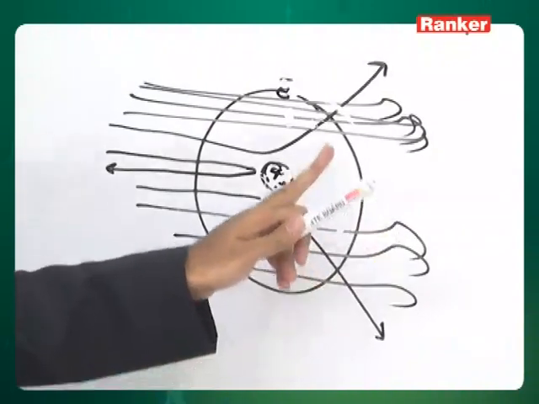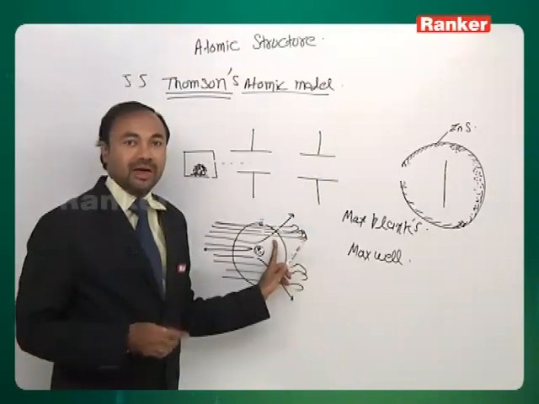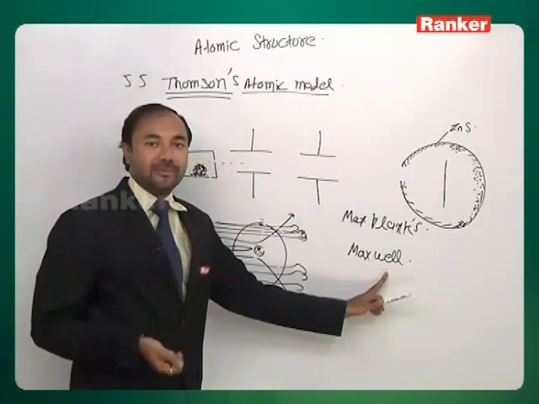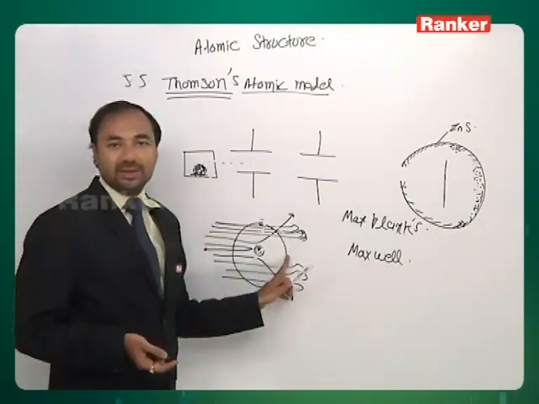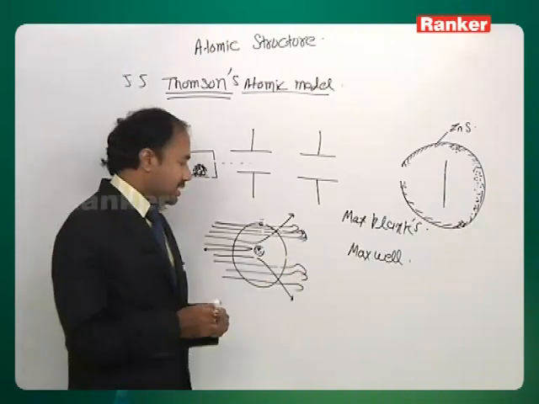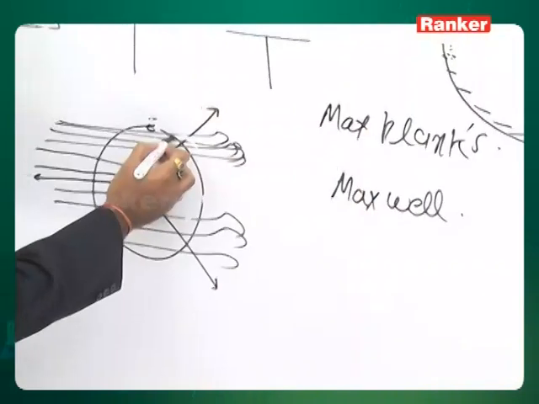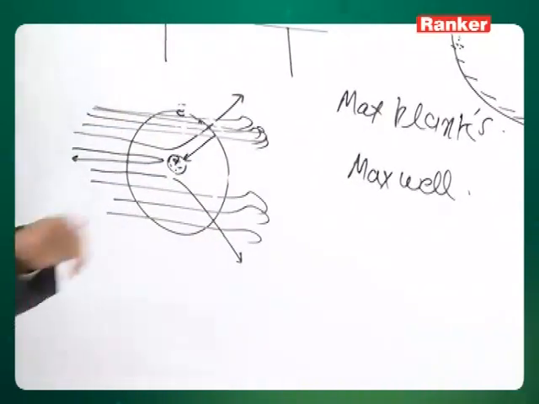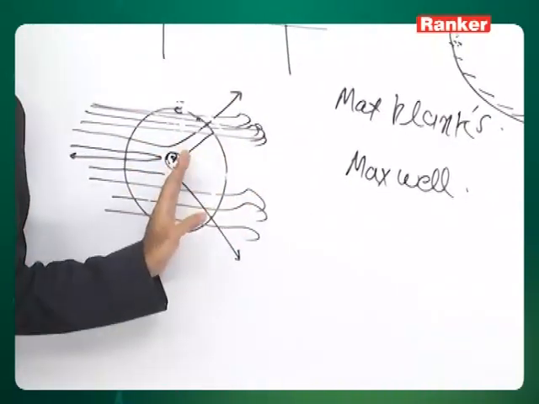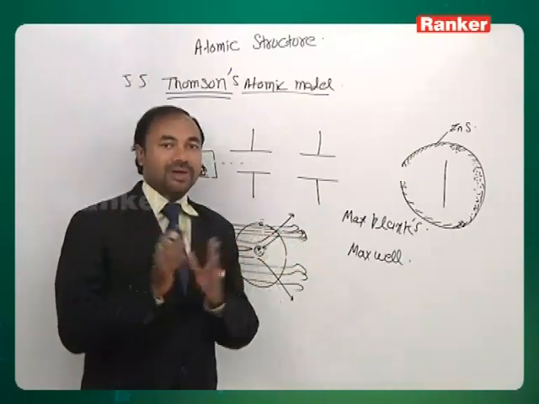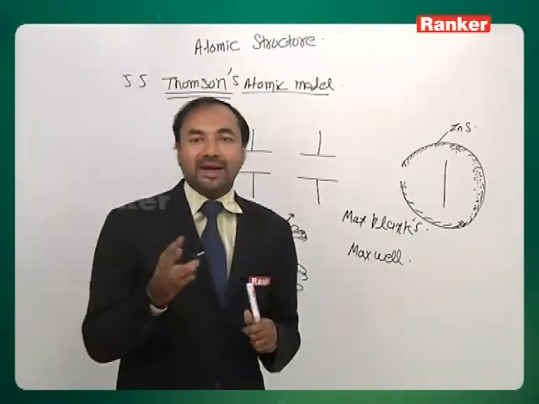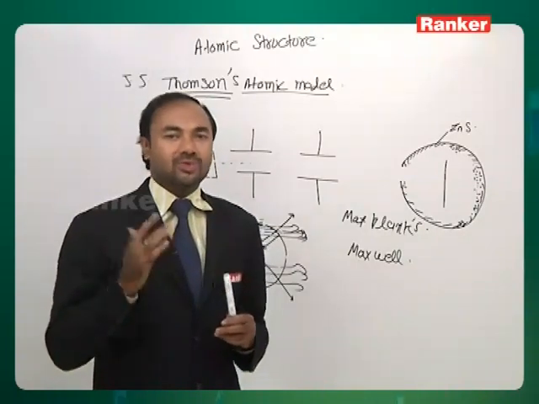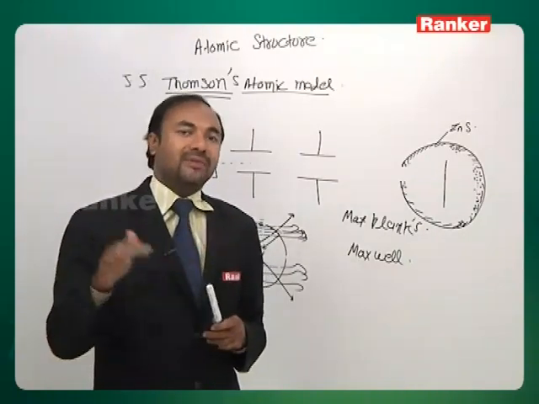Now the problem is that the electron is charged, and if the electron is charged, then according to Maxwell's law, which was universally accepted, the electron must lose energy. If the electron loses energy, because of the attractive forces of the nucleus, it will keep on coming closer toward the nucleus, and finally it will fall into the nucleus. Electron and proton meet, that will be destruction of the atom. So the atom should get destroyed in a few minutes or few hours or few days only, should not last ever.